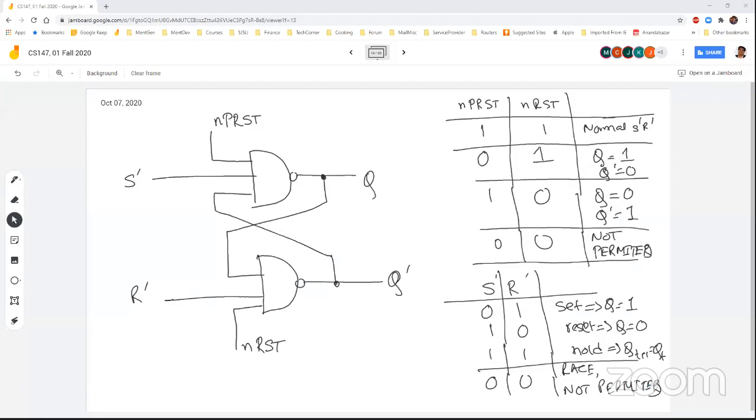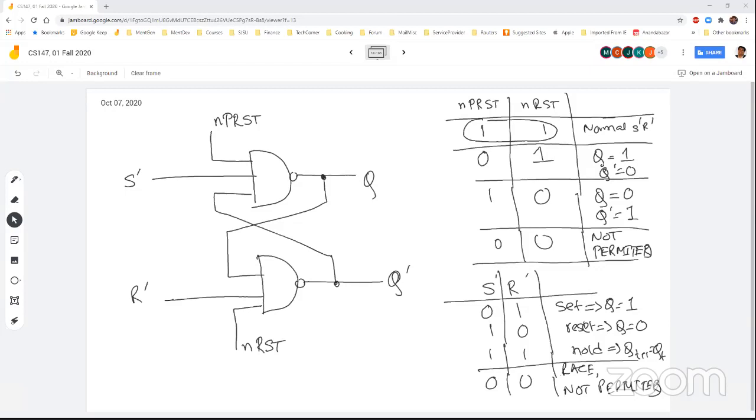Now see, if my N reset and preset are in normal mode, it should have had this, right? And let's say it was being held at a preset condition like this one.